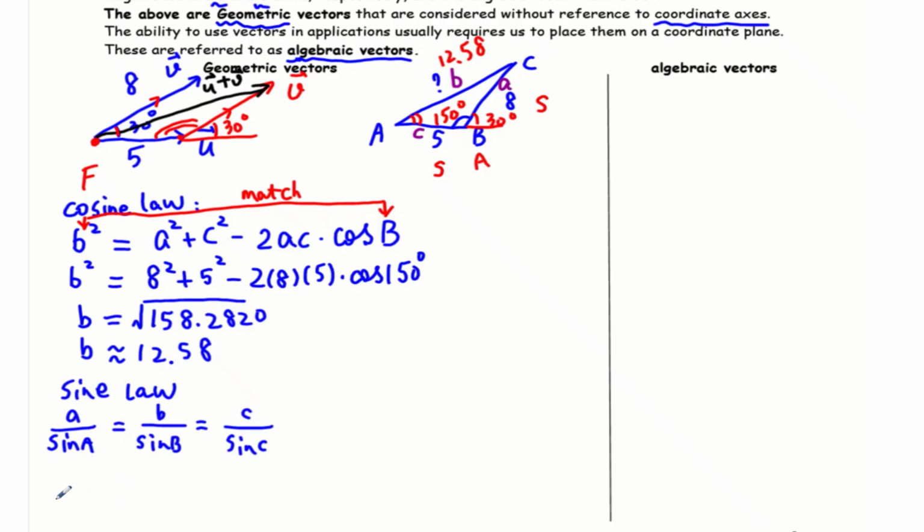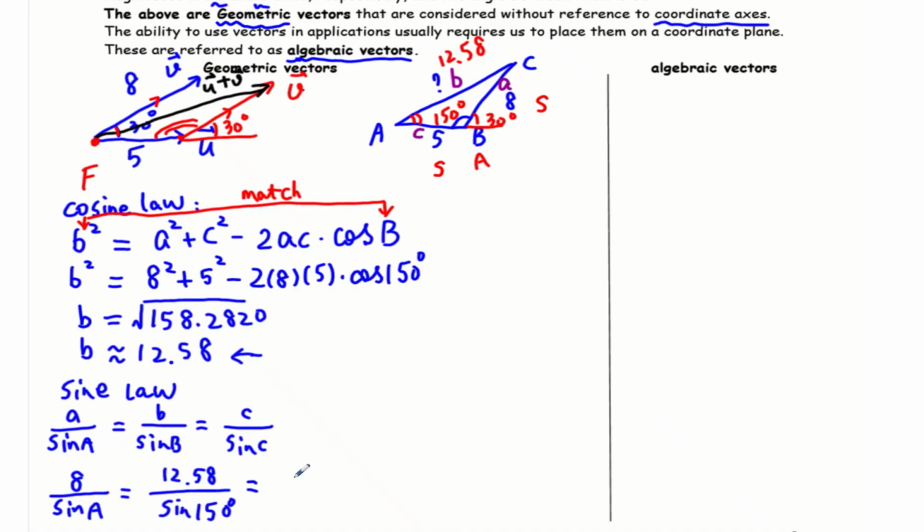Now we sub in the given information. It's 8 over sine angle A equals b, we have 12.58. And here, try to keep more decimal places in the middle step. Over sine, angle B is 150 degrees.